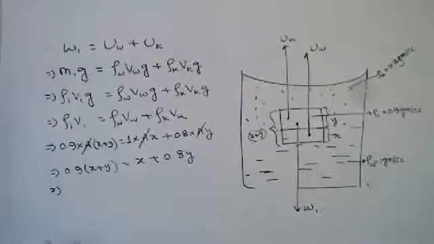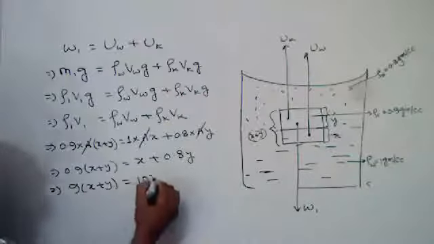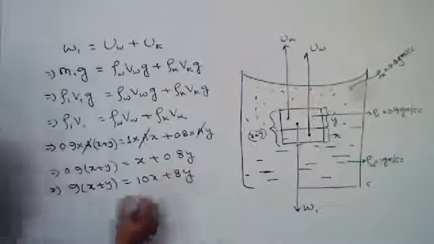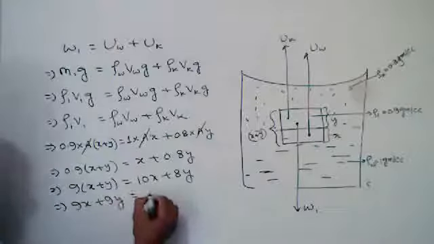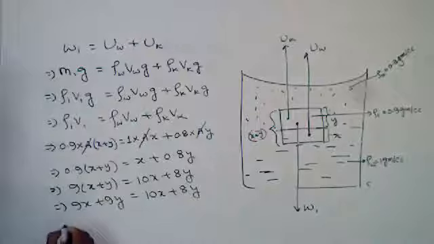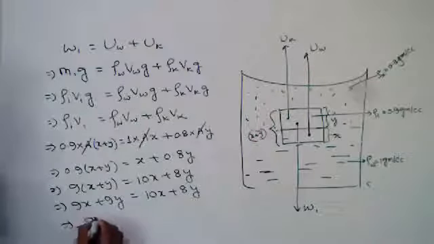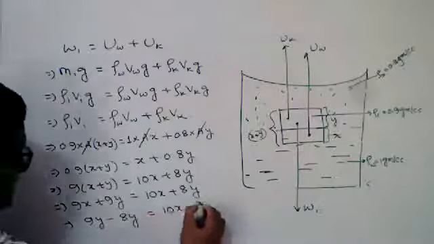Now we multiply both sides by 10. So 9(X plus Y) equals 10X plus 8Y. 9X plus 9Y equals 10X plus 8Y. 9Y minus 8Y equals 10X minus 9X.